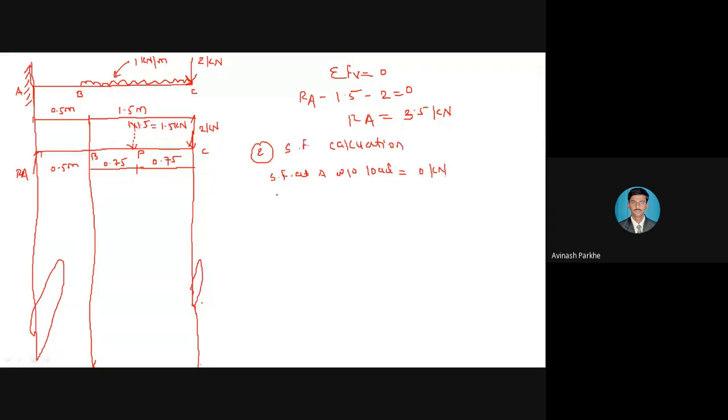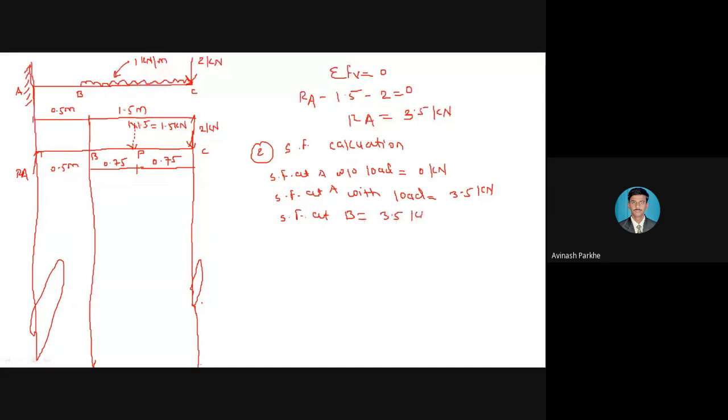Then next, SF at A with load is equal to the reaction RA, that is 3.5 kilonewton. Then SF at B: how many forces are present to the left side of the point B? Only one force, that is reaction RA. So we can take that force as it is, that is 3.5 kilonewton.